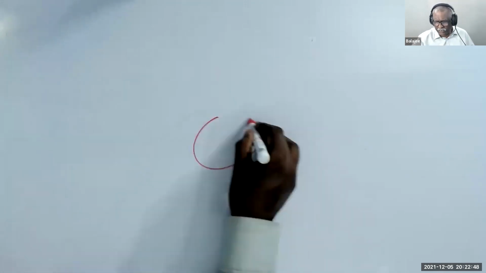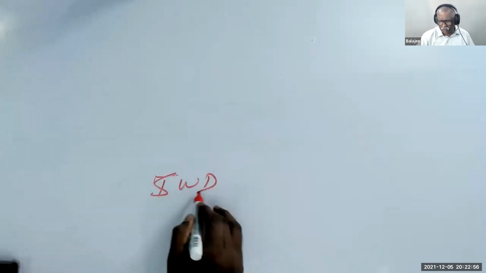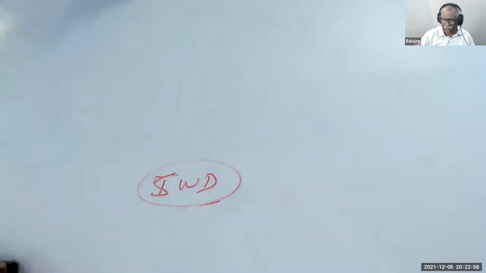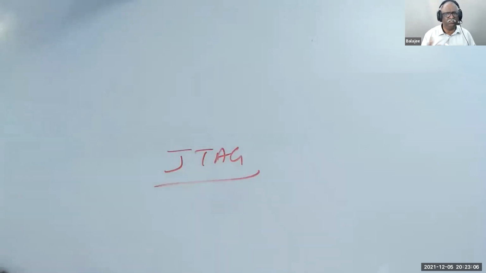These types of things will take you into the big MNCs. They do this type of work. If you say that I know JTAG thoroughly, I know serial controller, single wire controller perfectly, you're done. The moment you use the word JTAG in an interview, big companies, not small companies, which don't even understand JTAG because they don't do that, will notice.